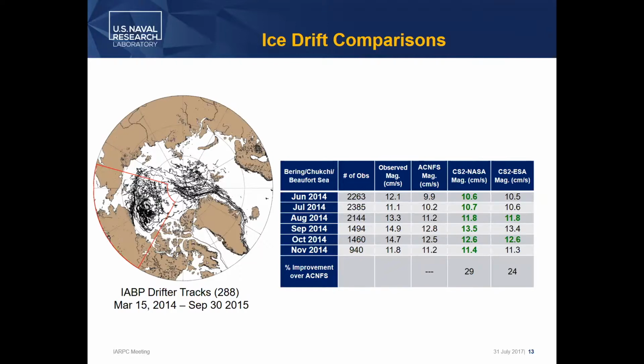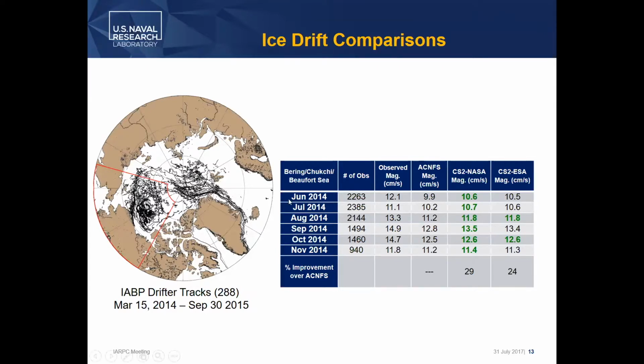But when we did look at the Bering-Chukchi-Beaufort Sea, and that is this area on the left in red, that red kind of triangle is the area where we're doing the study for the Beaufort-Chukchi-Bering Sea. And we used 288 of these International Arctic Buoy Program drifters. And that's how we do our ice drift stats typically for our model.